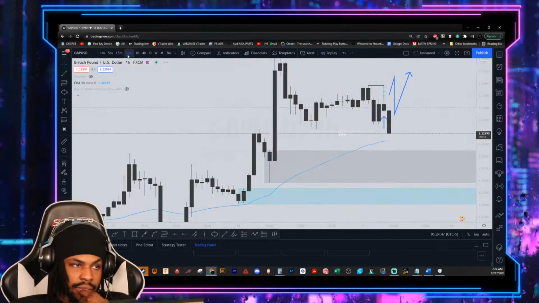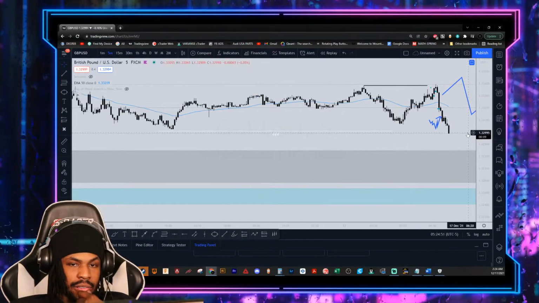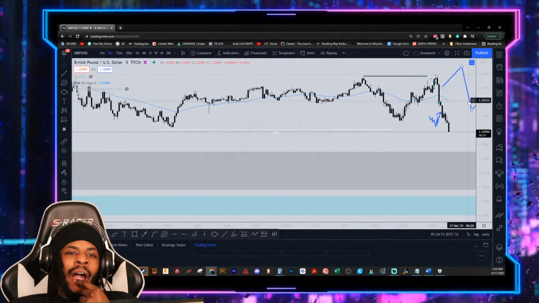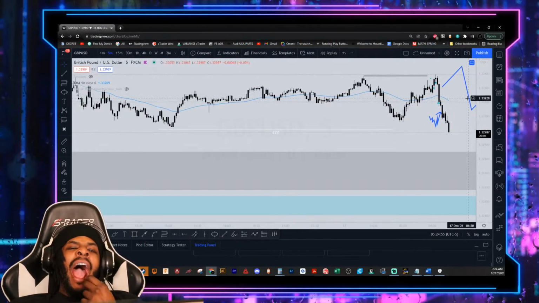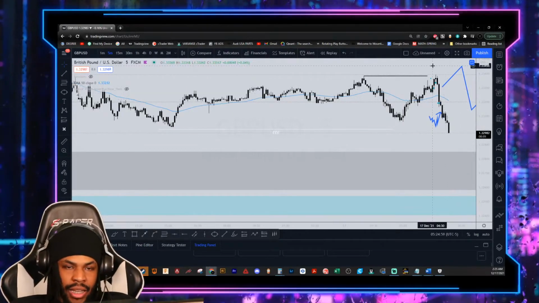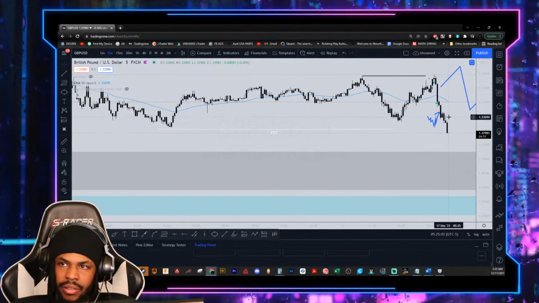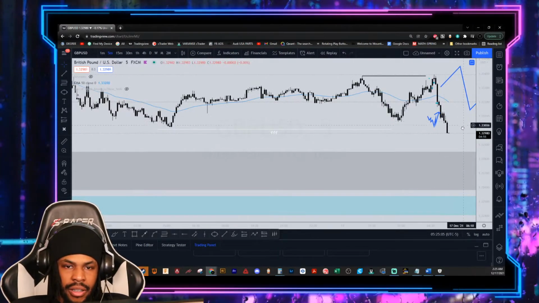Yeah, sellers definitely got it. Yeah, I didn't want to buy these zones here. I think I bought one and closed it right away, but it wasn't solid enough.